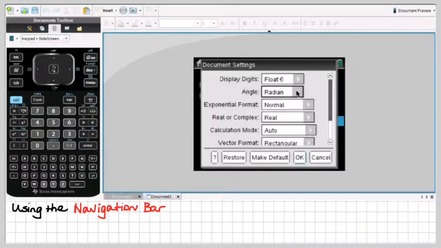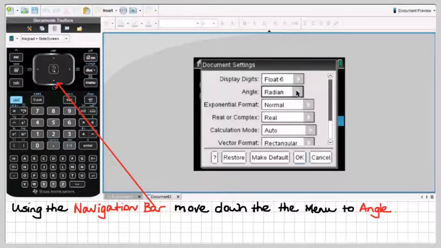Then you're going to get this screen. Using the navigation bar, you move down to the angle menu here by scrolling down. Then I move the navigation bar to the right, and that reveals a sub menu.